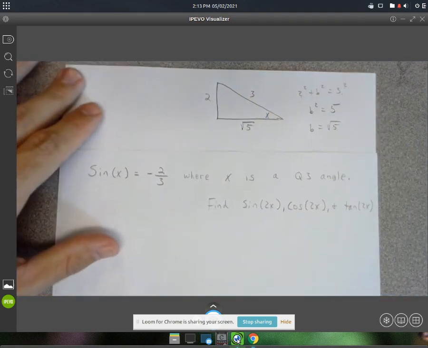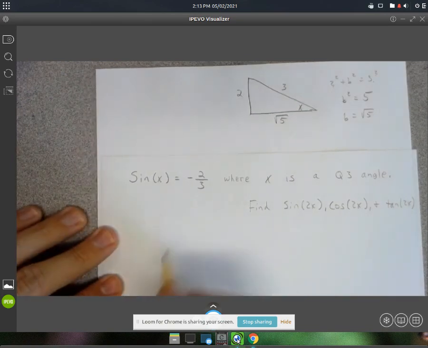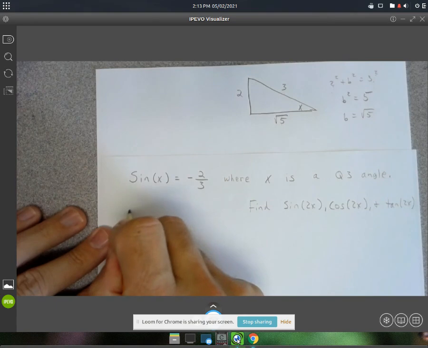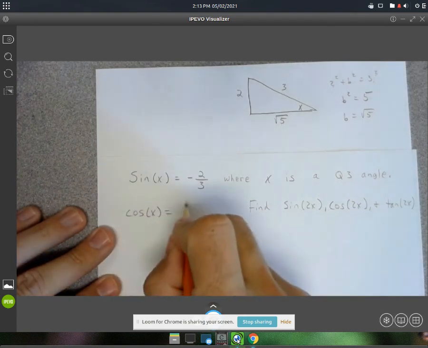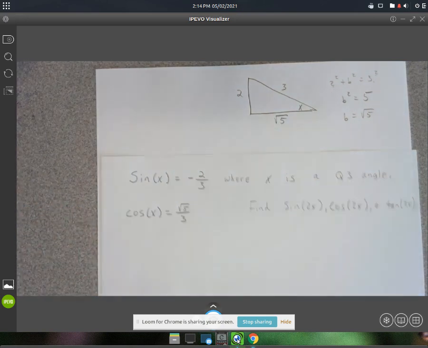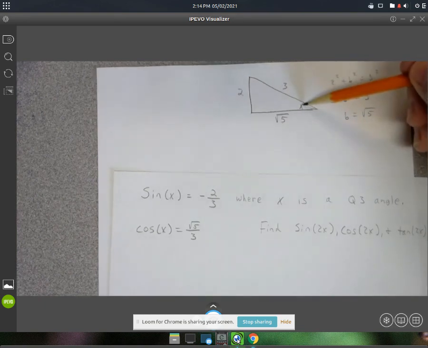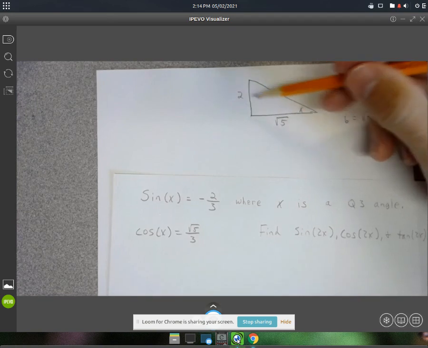Nice. All right, now I know what cosine is. Cosine is adjacent over hypotenuse, so cosine is going to be root 5 over 3. And for tangent, you can use this triangle. We actually don't even need tangent, but tangent would be opposite over adjacent.